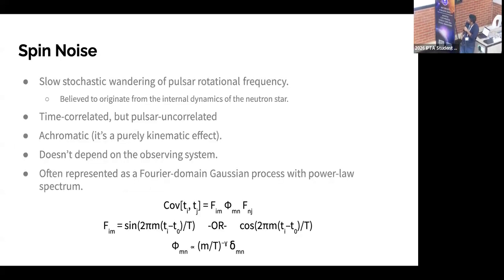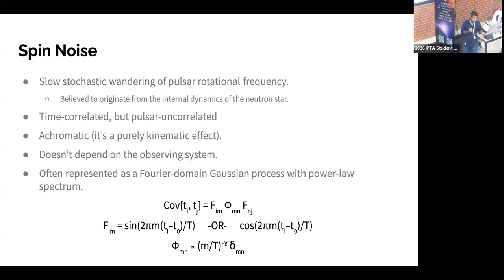So now I come to spin noise, which is slow stochastic wandering of the pulsar rotational frequency. So the pulsar rotates, and as it emits electromagnetic as well as possibly gravitational waves, it will spin down in time.